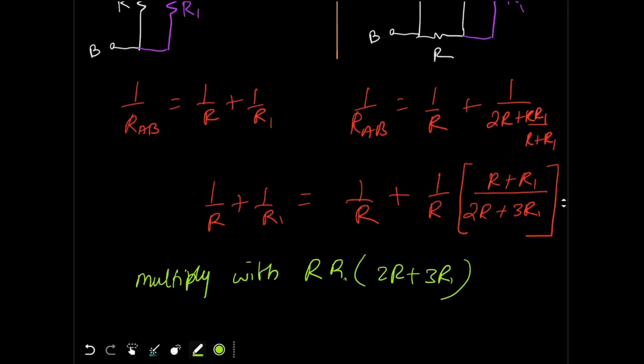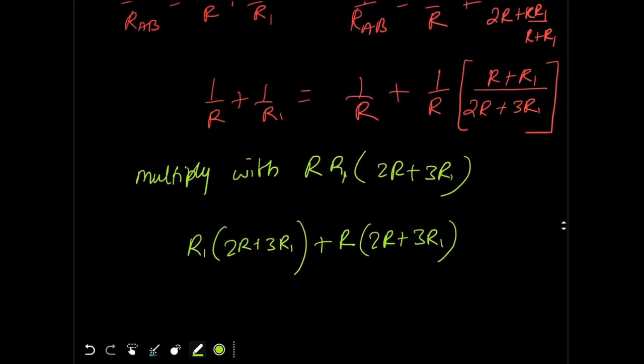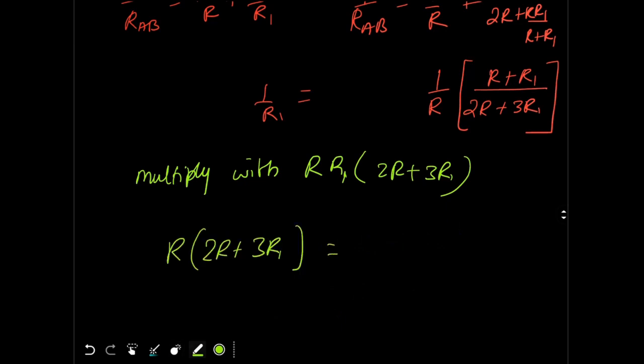So what do we get? R1 times 2R plus 3R1 plus R times 2R plus 3R1 is equal to R1. Actually we should cancel it here itself, so these two will cancel out, so that our terms is simplified. I'll just write again. So R times 2R plus 3R1 is equal to R1 times R plus R1.